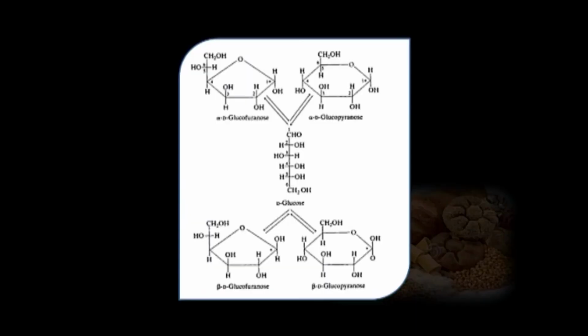All those techniques were used, and finally we say that glucose does exist in cyclic structure. In the solid state, mainly 6 membered ring structures contribute, with a very small amount of open chain structure and 5 membered ring structures.